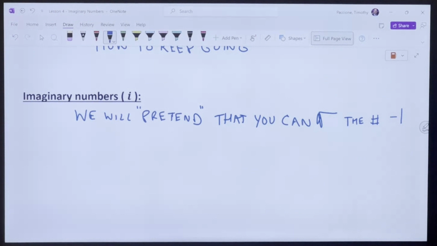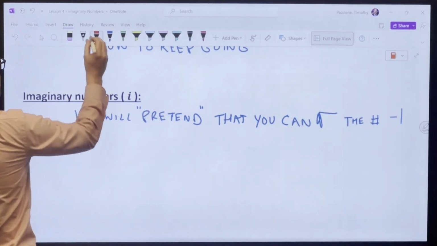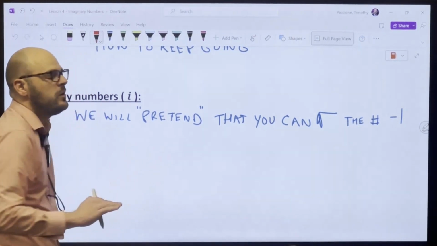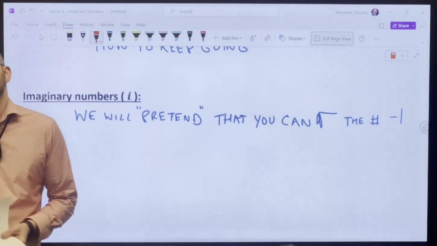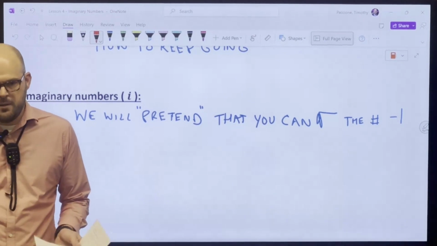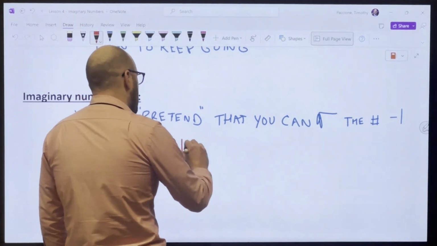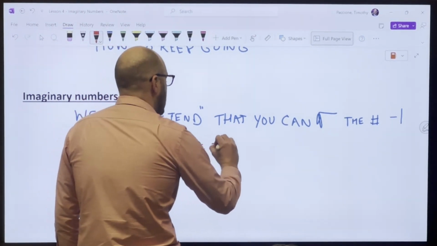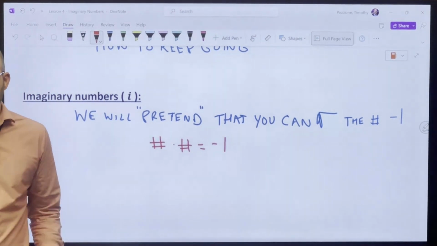We're just going to pretend that you can square root negative 1, okay? Because just doing that will open a lot of doors for us, okay? So what are we saying? What we're essentially saying is we know in reality you can't take a number times itself and get a negative, right? But we're going to pretend. We're going to say, hey, what if there was a number times itself where you could get negative 1?